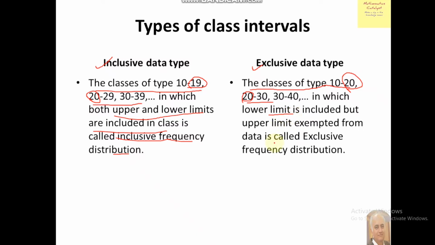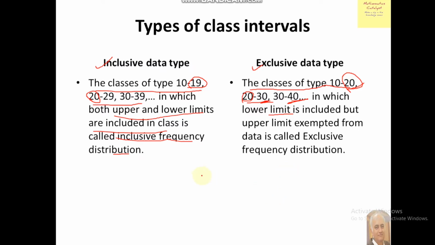Means whenever you count the numbers, you leave the 20 in the first class, right? After that you leave 30 in the second class, you leave 40 in the third class. So the upper limit you can leave, but the lower limit you must include in the data. Such kind of data is called exclusive data type.